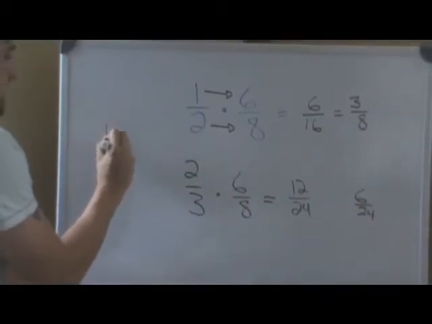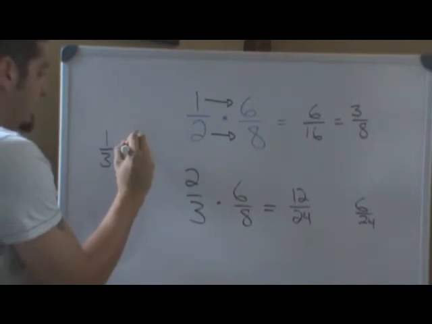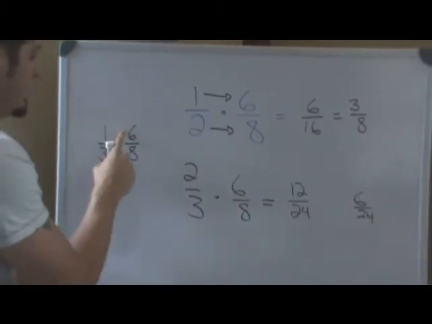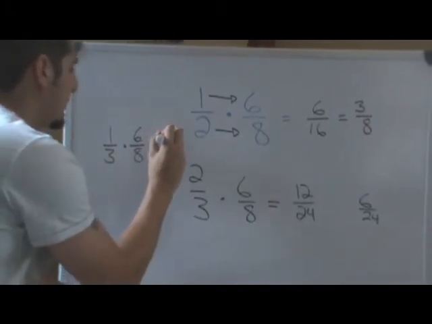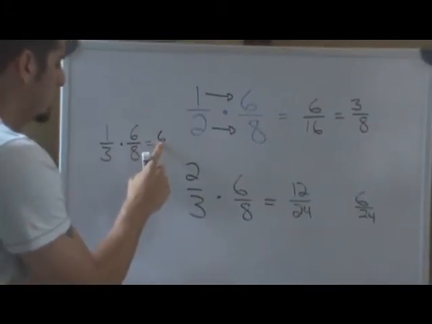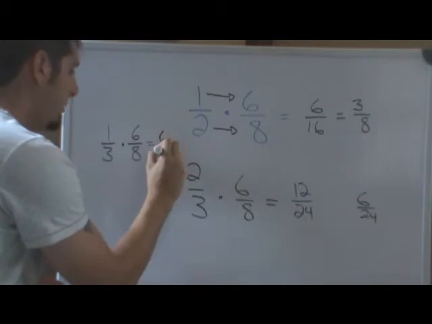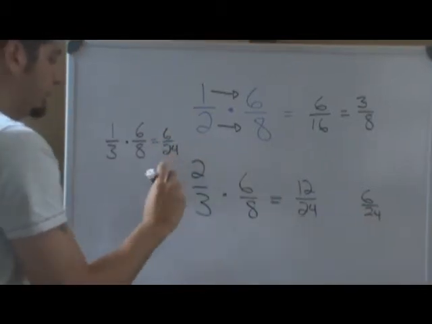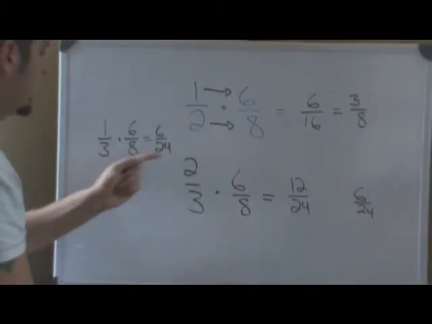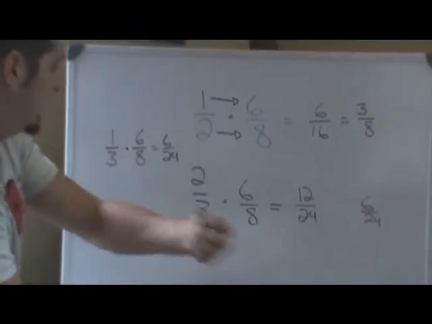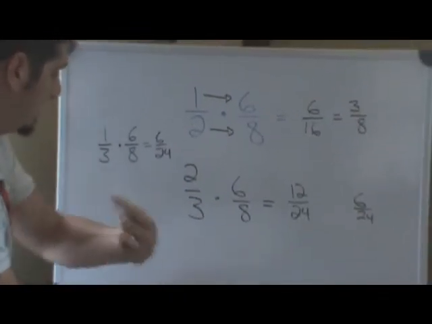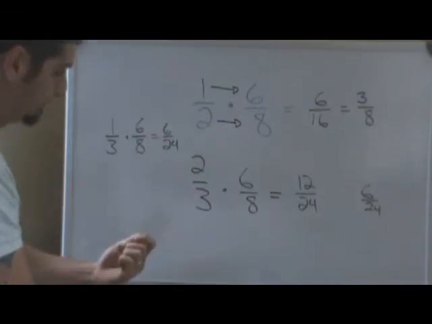If I did 1/3 times 6/8, okay? The number of slices I have, or in other words, the numerator, the parts I have, would stay the same as 6, right? The denominator would change. It would triple. Because remember, as your denominator gets bigger in a fraction, your fraction gets smaller.